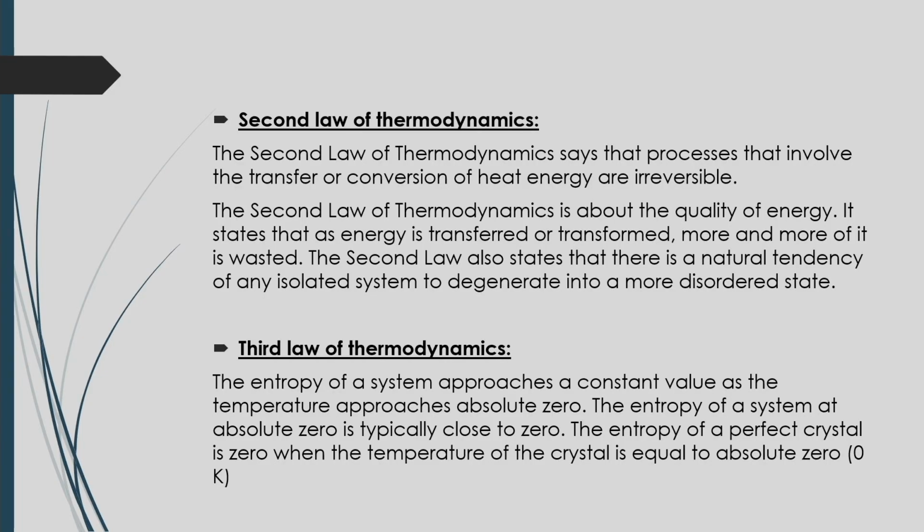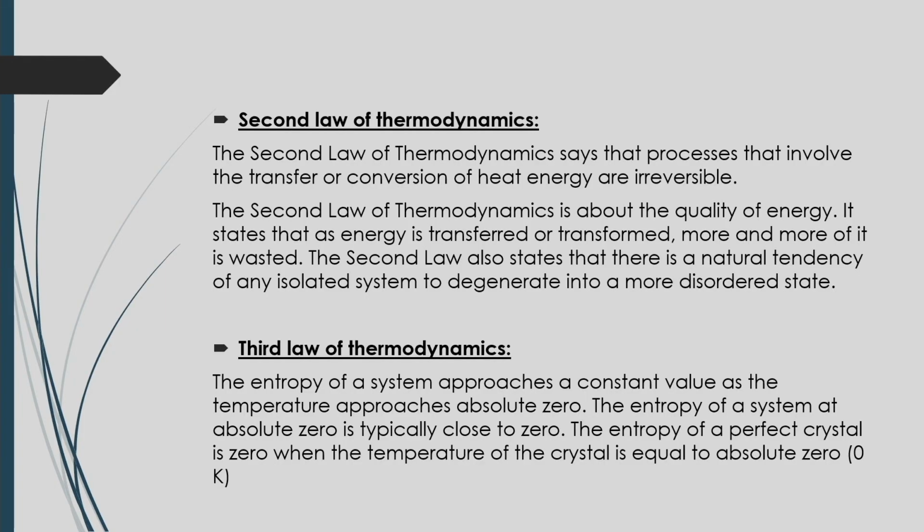Now, that entropy will approach a constant value when the temperature approaches absolute 0. So, this is something qualitative, that some characteristics of the system will change, and it will reach a constant value when the temperature recedes to absolute 0.